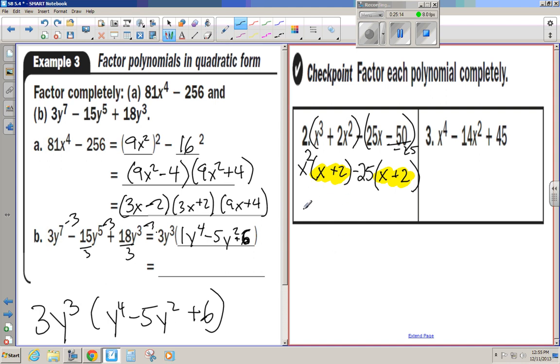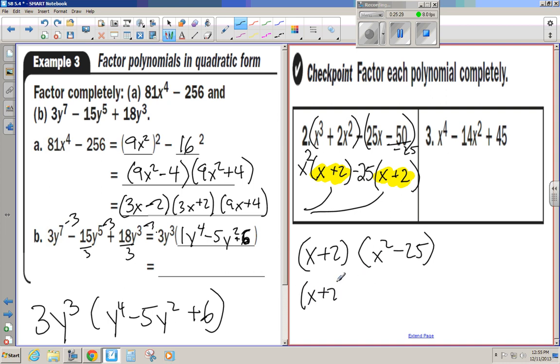So we factor out the common part. Whatever's left over is good. Now, if you get to this point, I'm going to be so happy that I'm not going to care that you don't finish this. But please try to recognize that x squared minus 25 is the difference of two squares.